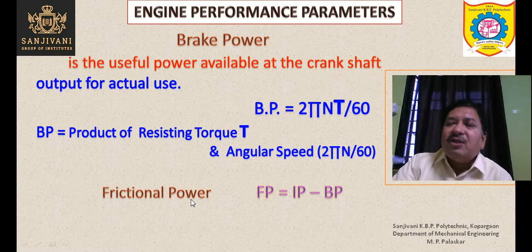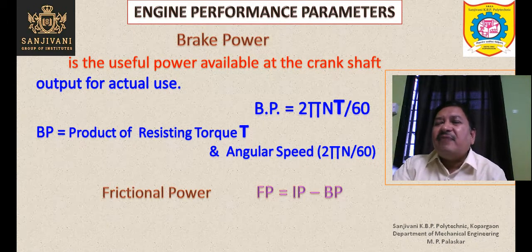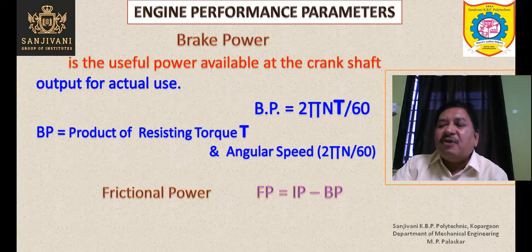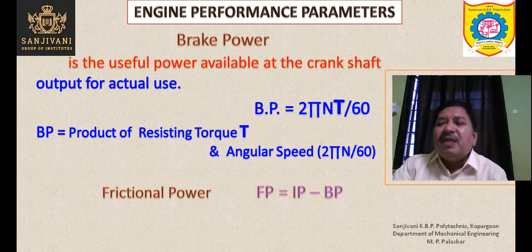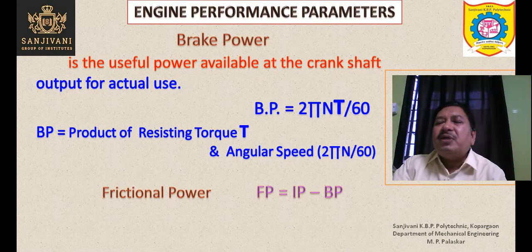Some power is lost in overcoming the friction between the moving parts which are in contact, for example the piston and cylinder, the valves and the valve seat, and the various power transmission devices, maybe gears or belts. So in friction some power is lost. Some power is lost as the pumping loss, because power is produced during the power stroke or the expansion stroke, but for the other strokes power is required.